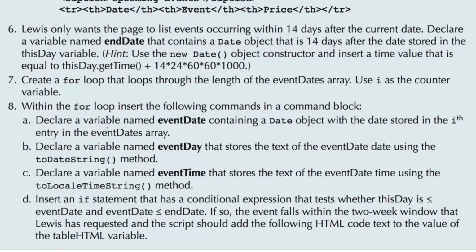In step 7 now, we're going to use a for loop that'll loop through the length of the event dates array, and we'll use I as the counter variable in that for loop. So we're basically going to be parsing through the arrays.